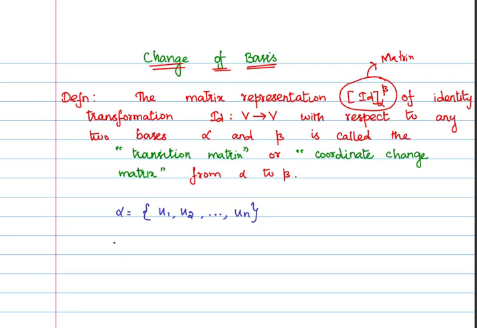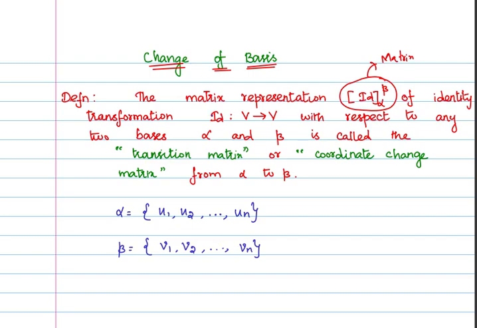Similarly, I take another basis, namely beta. The bases are V1, V2 and so on, up to Vn. So we have the two bases.